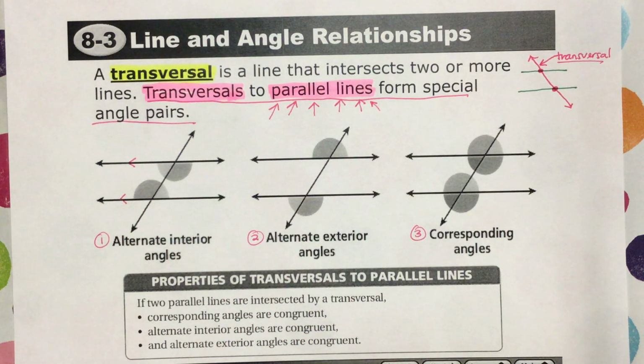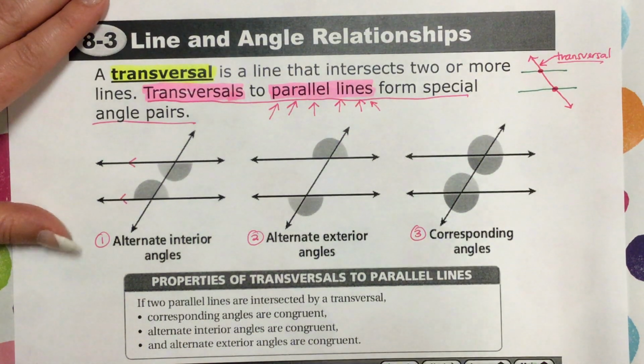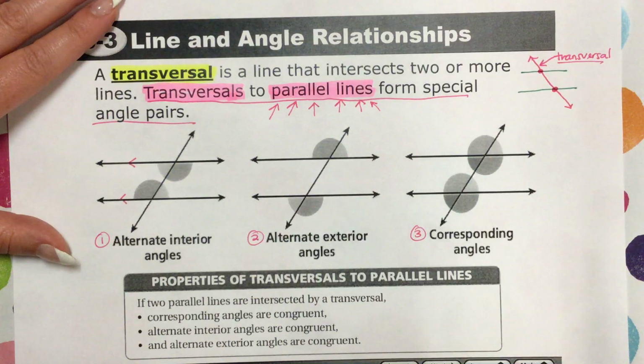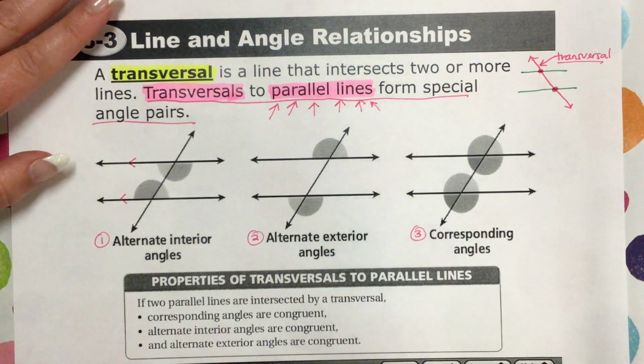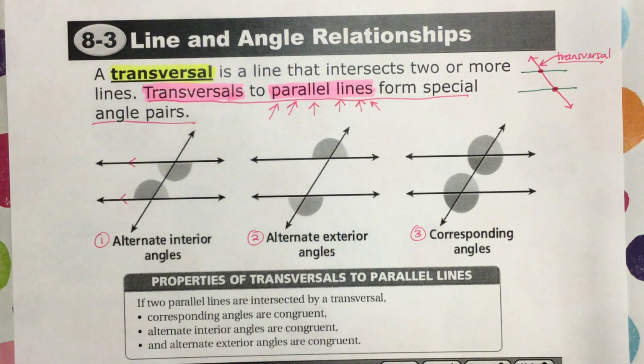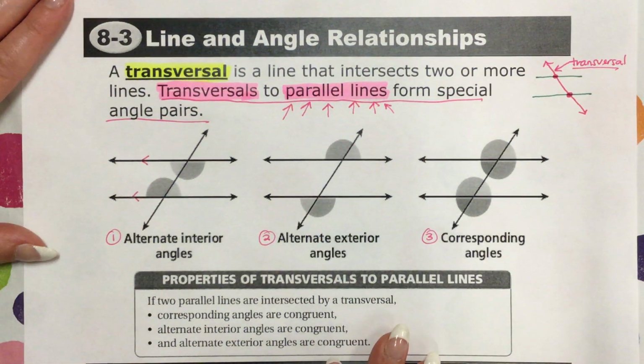Okay, so what you have to understand is that whenever you have parallel lines and you have a transversal, you have to tell the difference between interior angles and exterior angles. Okay, first let's just talk about angles. Okay, so I'm gonna do another example over here.